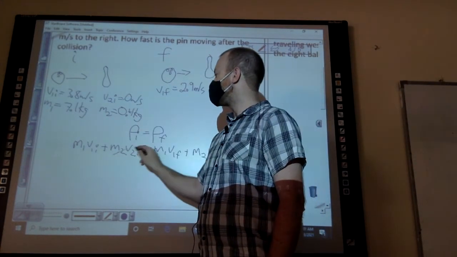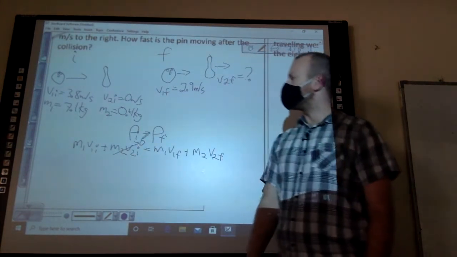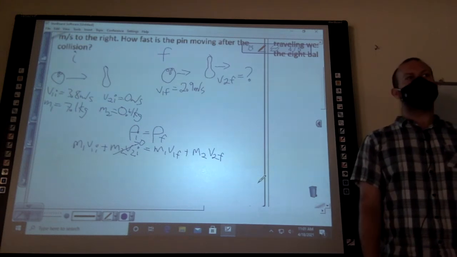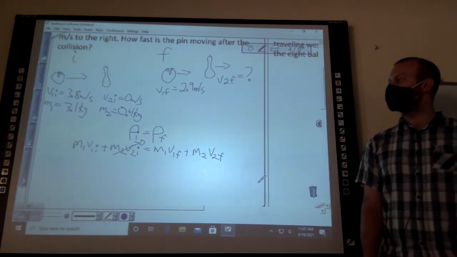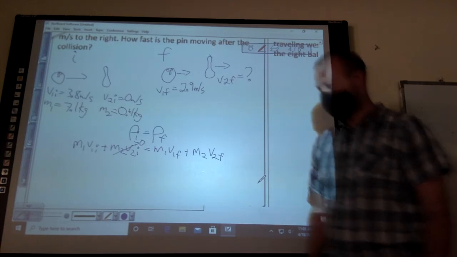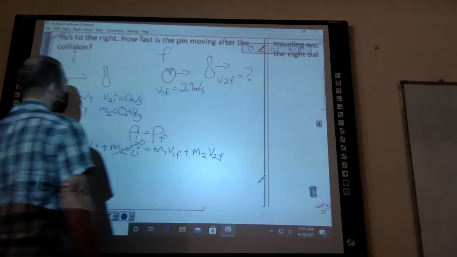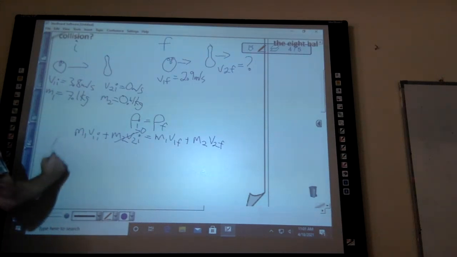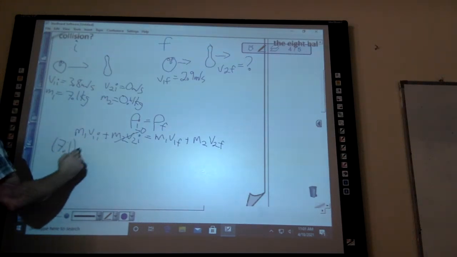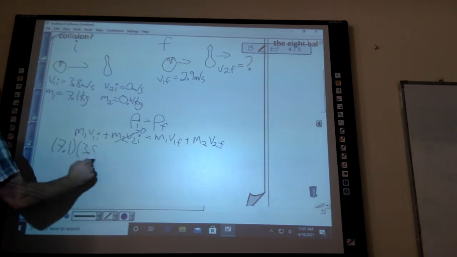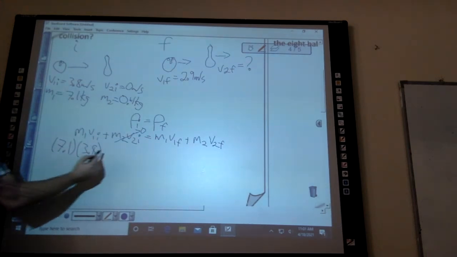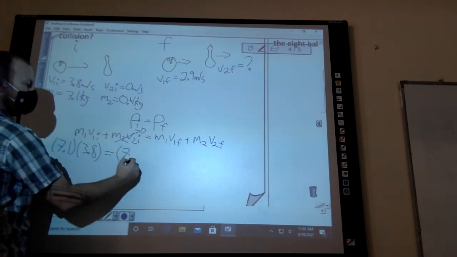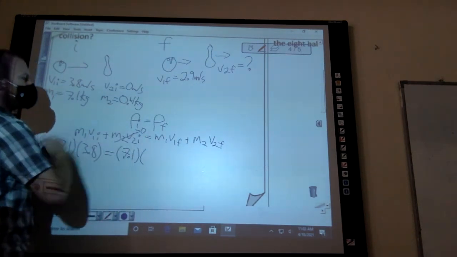V2i is 0, so I can just cancel that one out. And the rest I can solve for. So the math in this is going to be a lot easier. There's no square roots, nothing more complicated than that. It's just these numbers. So start plugging in and solving. 7.1 times the initial velocity of the bowling ball is going to equal m1, 7.1, times v1f.